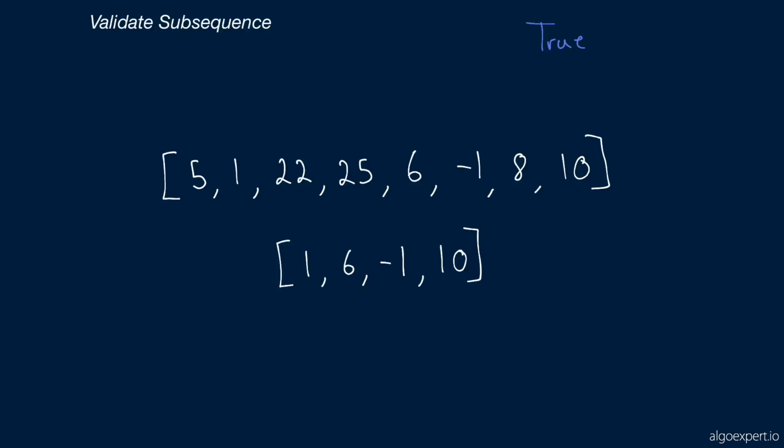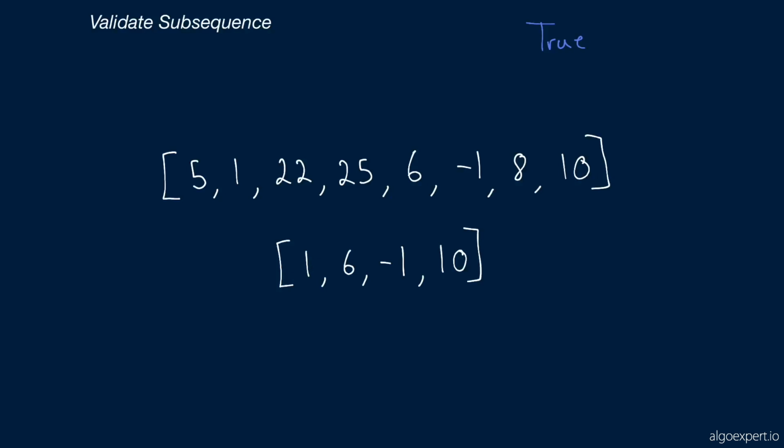We're not looking for 6, we're not looking for -1, we're not looking for 10, we're looking for 1. Because if we can't find 1, or if we find other elements before finding 1, that doesn't matter, right? A subsequence cares about order. So we're really looking for the first element, which is 1.